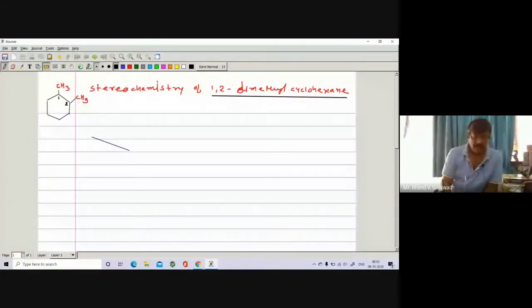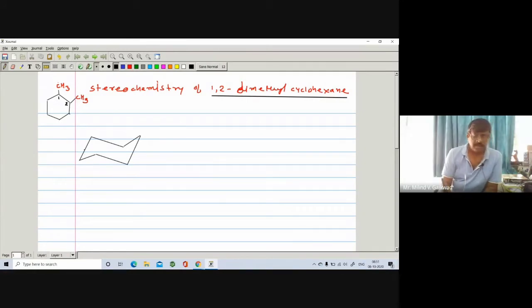Suppose the first line is elongated downward, and the next one is of the same length. Both are parallel to each other, and this carbon is above the plane. Similarly, this will join on this carbon. This bond and this bond should be parallel, and this bond and this bond should be parallel.